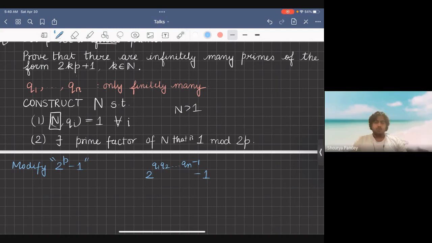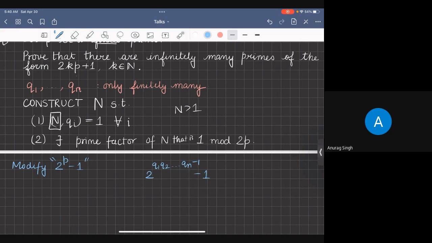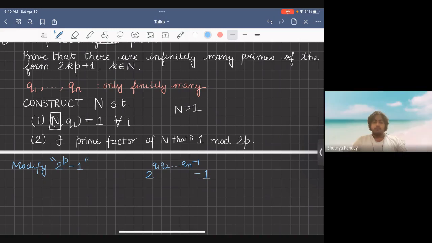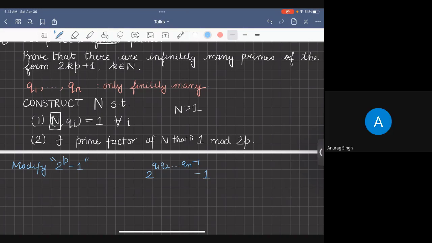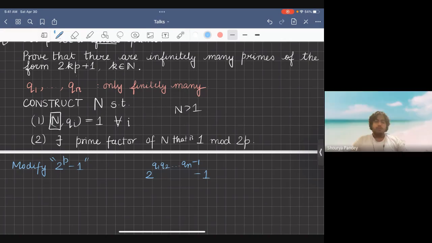Thus 2 minus 1 will be congruent to 1 mod 2p. No, it doesn't give us 2 mod 2p. 2 to the power of something that is a multiple of p is not 2 mod p. The q1, q2, qn will be a multiple of 2p, which is a multiple of phi of p.